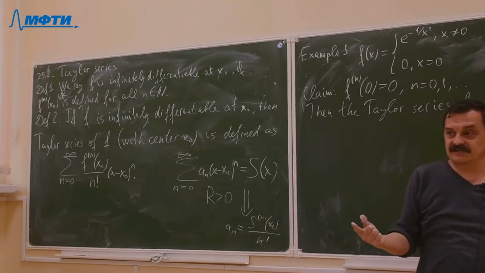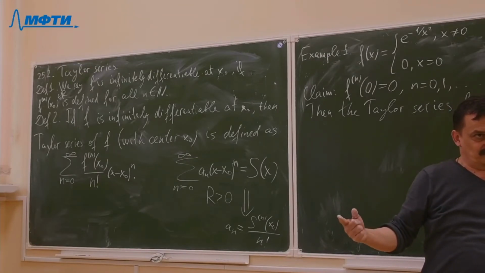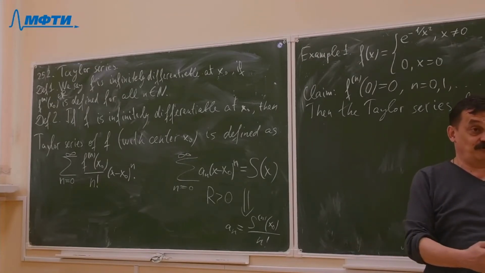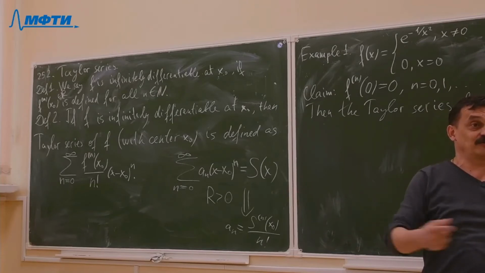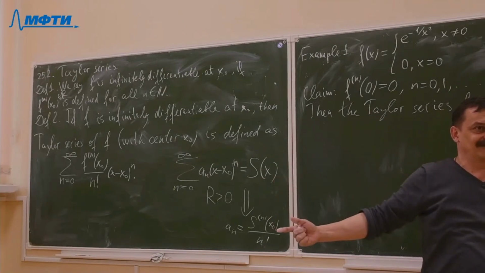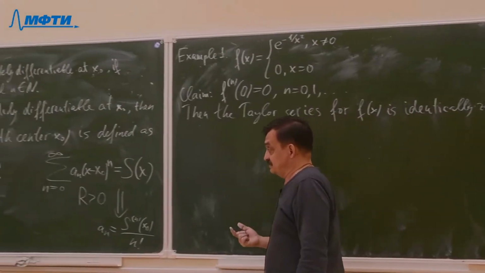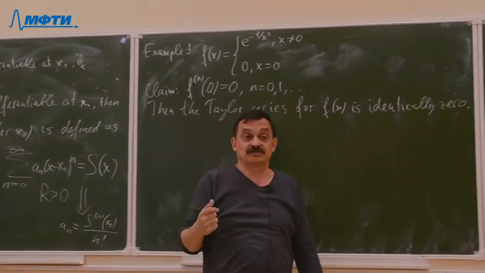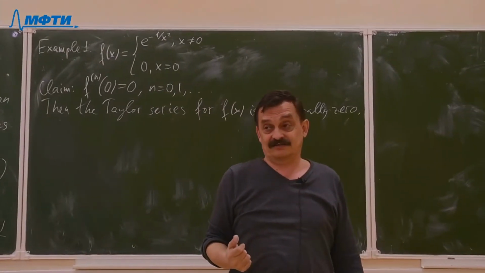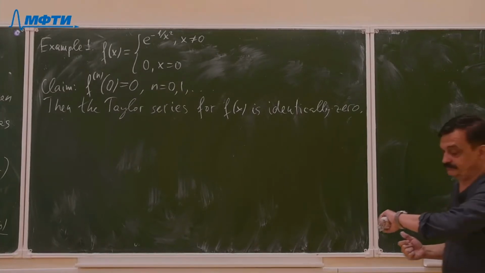Our Taylor series contains only 0 terms, so the radius of convergence is infinity. The series 0 plus 0 plus 0 and so on converges everywhere. But nevertheless, the sum of this series is different from the function which generates the Taylor series. That is the meaning of this example.